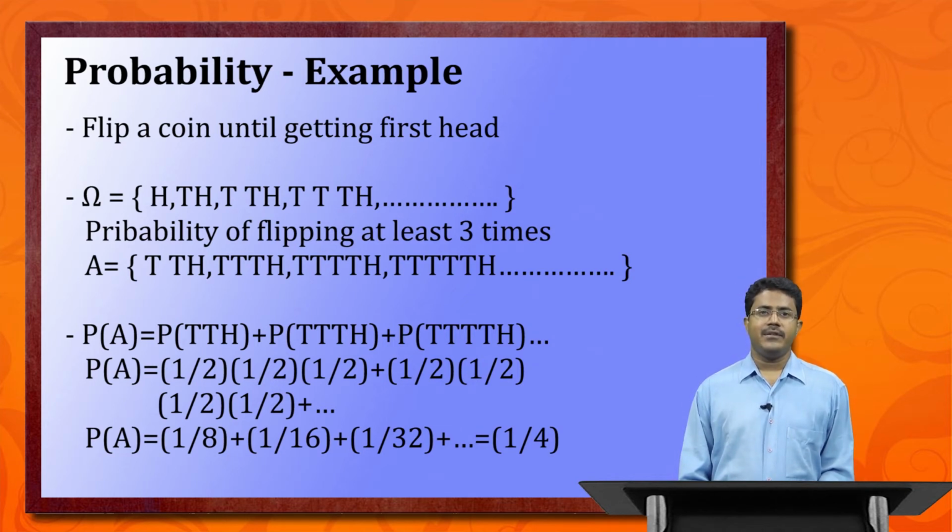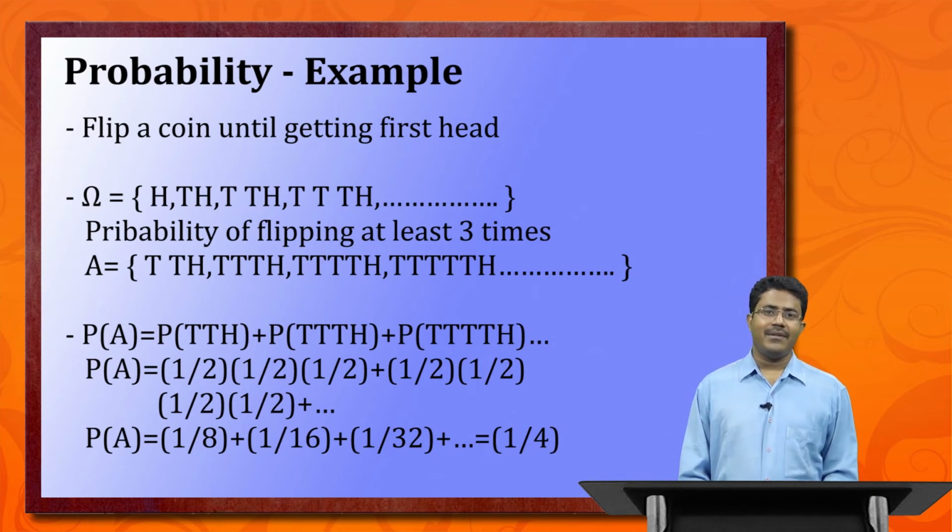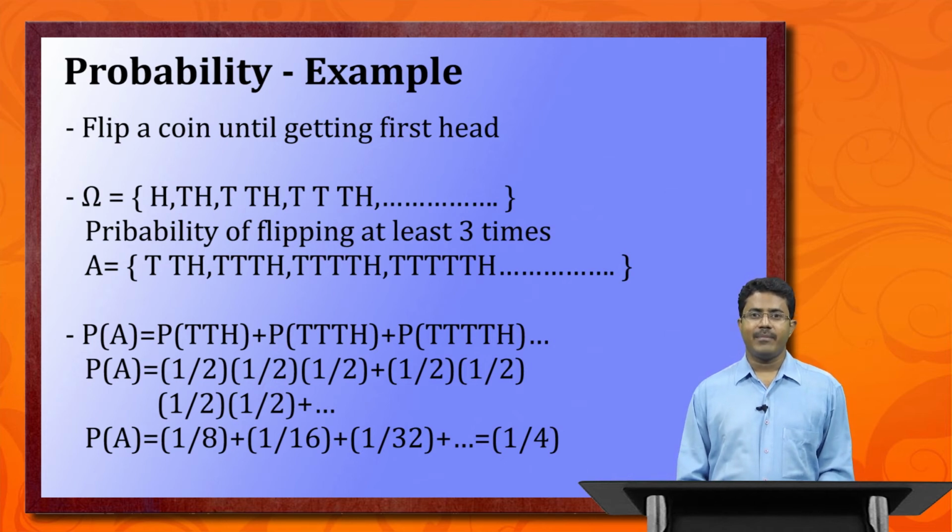So what is the probability of flipping at least 3 times? For TTH, the probability of getting tail is half, again tail is half, and head is half. As these events are independent, we can multiply them. For the next, the 4 consecutive outcomes TTTH, it should be 1 by 16, and so on.